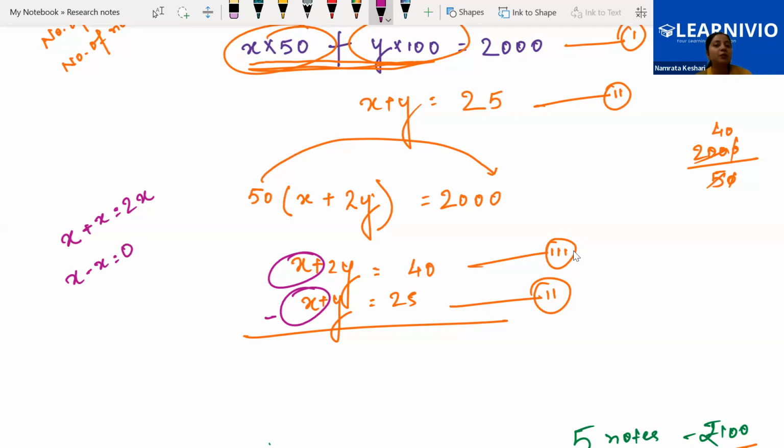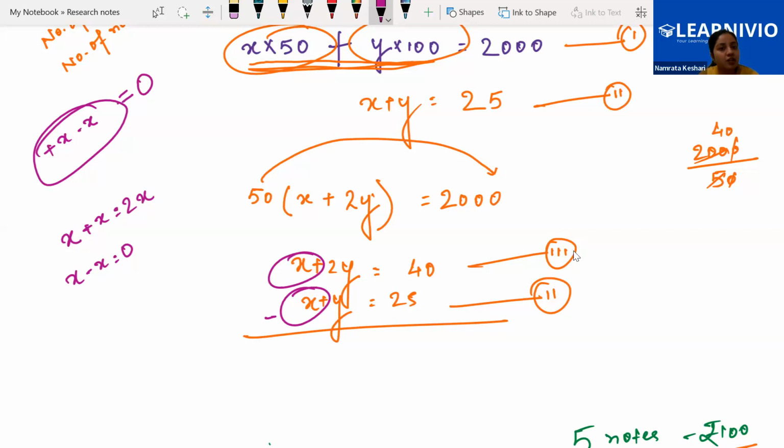One more thing you can keep in mind: when the sign is the same, then we have to do the subtraction. When the sign is not the same, then we have to do addition. Suppose one is positive and another is negative, then we will do addition, as it is automatically becoming 0. Why create a problem by doing subtraction?